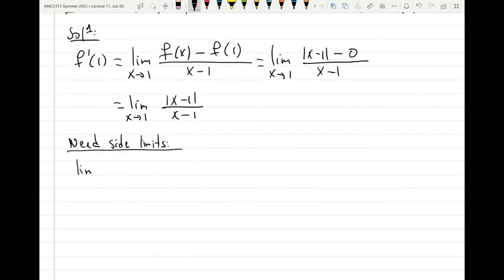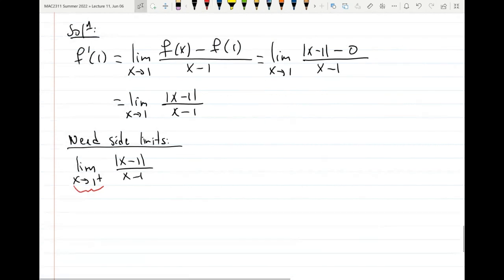All right, so on the right, what do we know about x here? x is bigger than 1. And remember, we are interested in x minus 1. So what can we say about x minus 1? It's greater than 0.